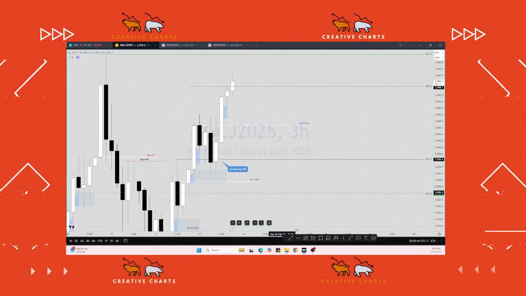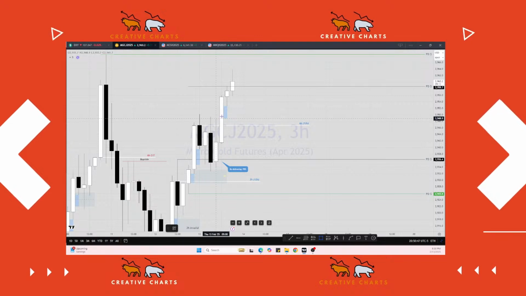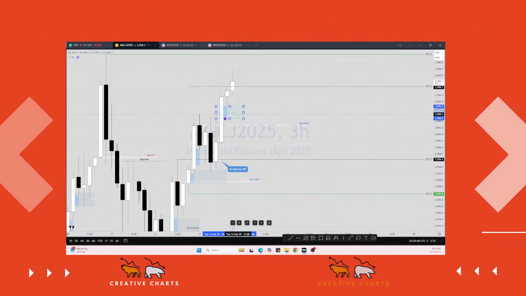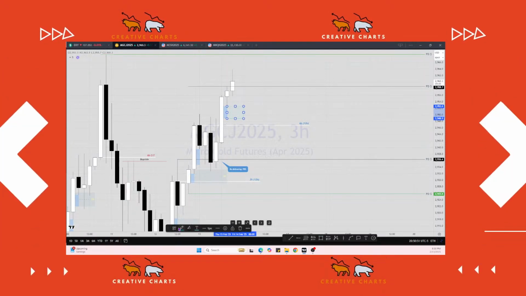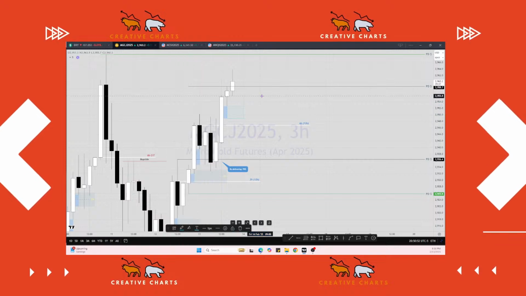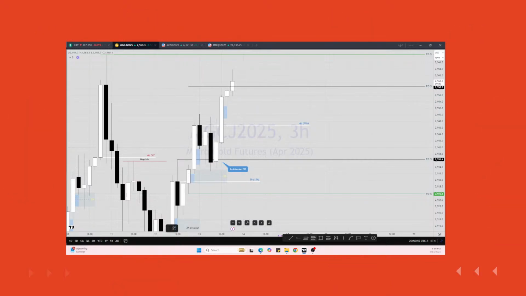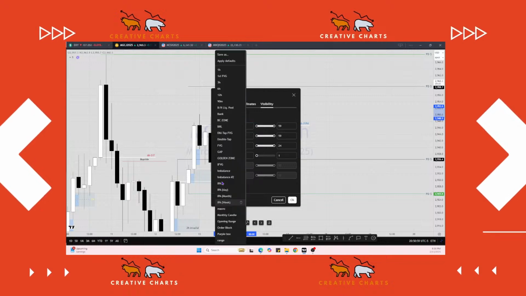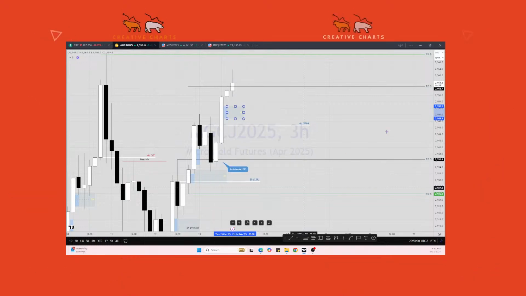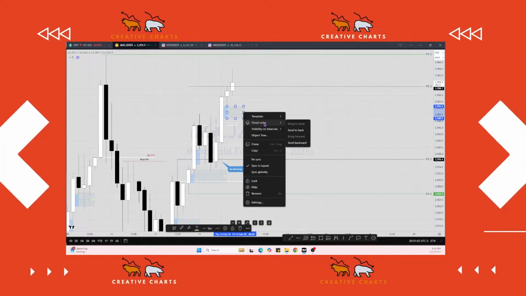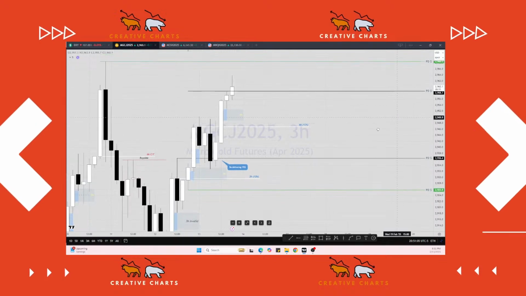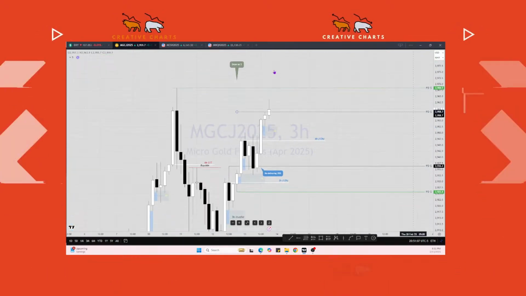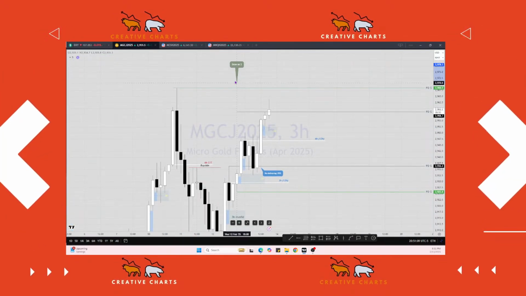What do you know? Nice breakaway order block. Breakaway fair value gap. Man, I am beat. Long day. 3 hour. Alright, we still have that draw on liquidity.